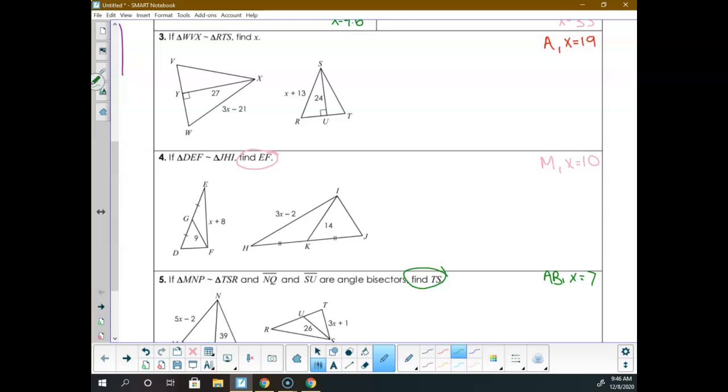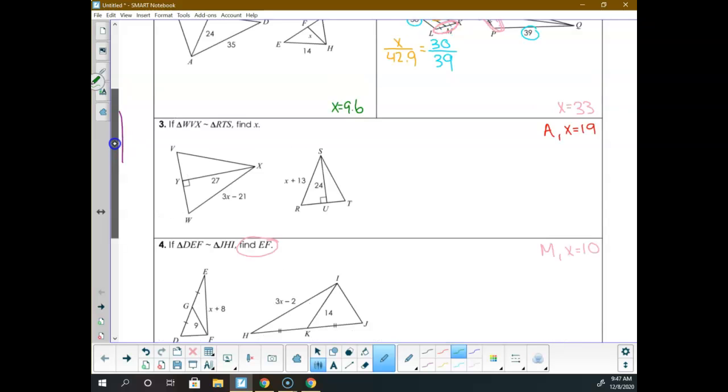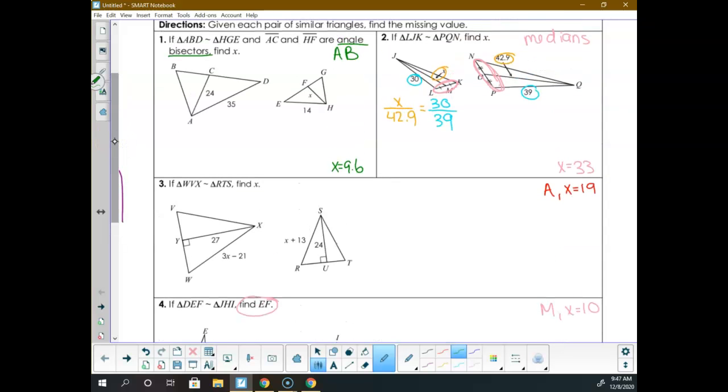So while we're on this front page still, did we want to go back and finish solving number 2? Okie dokie. So if I go back up here to number 2, I've got my setup. All right, so it's always the median line, so the line that goes right down and splits the bottom of my triangle. Those are proportional to one of my side lines.